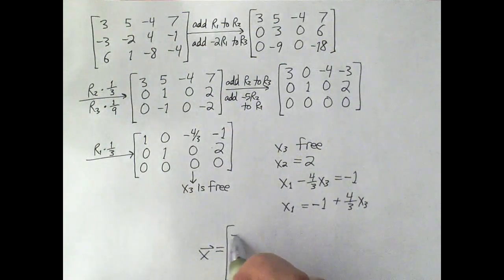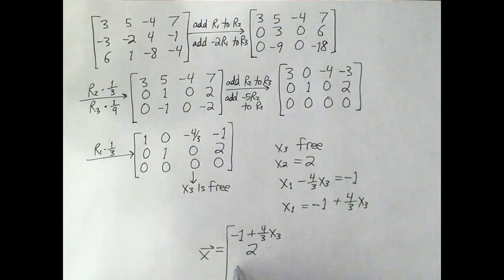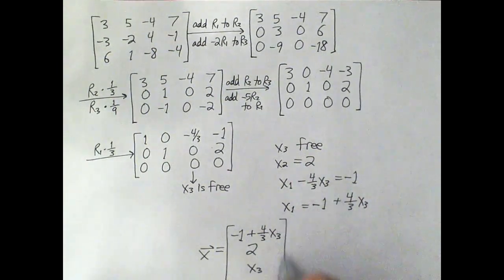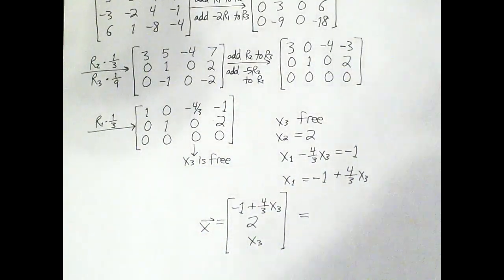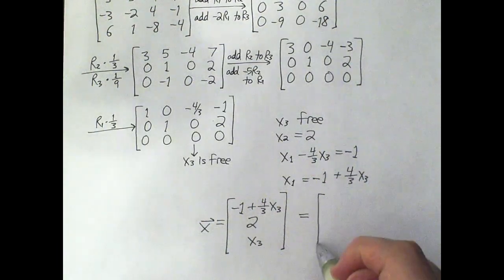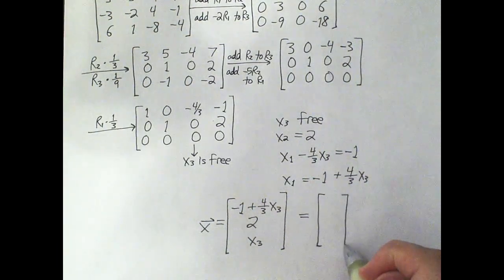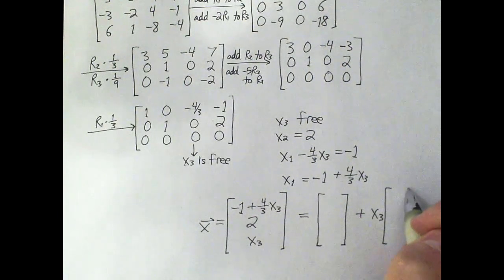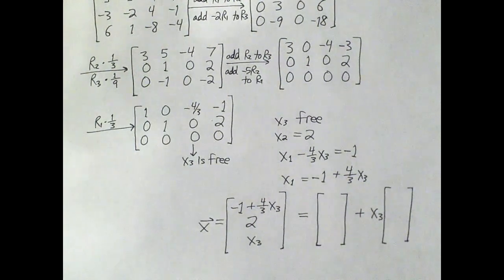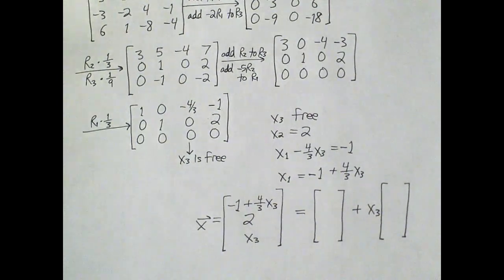So x1 looks like this, x2 looks like this, x3, we'll just write x3. That's not the finished answer, but maybe it can help you to see that this can be broken up into a vector plus x3 times another vector. Now, can you see what needs to go into these two vectors?